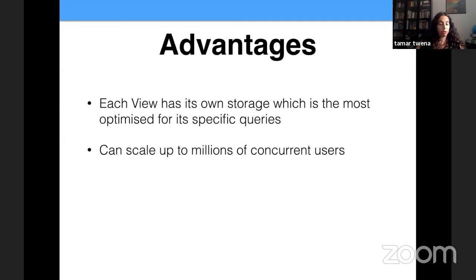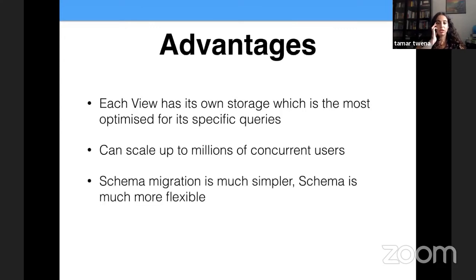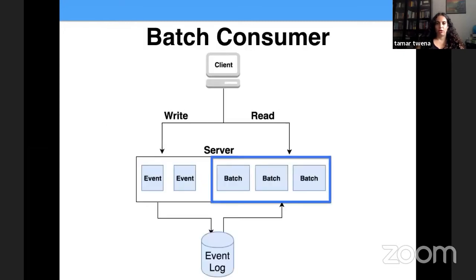You can scale up to 1 million concurrent users in that way, because you don't have one collection that has a really heavy load on it. Each query is going to go somewhere else. Schema migrations are much simpler, and you have a recovery point. Because you have a log which indicates all the actions on your system, you have a recovery point, which is better.